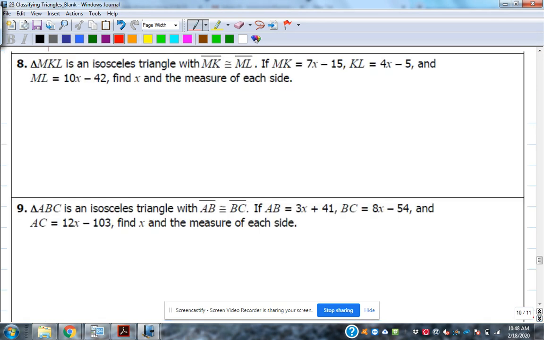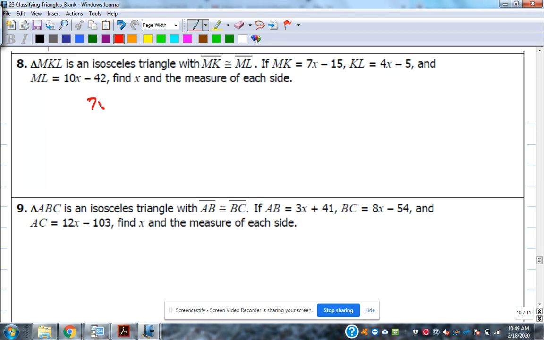Number 8 changes it up just a tad. It tells us that triangle MKL is isosceles with MK and ML congruent to one another. So if MK is 7x minus 15 and KL is 4x minus 5 and ML is 10x minus 42, find x and the measure of each side. So which ones do I set equal to each other?